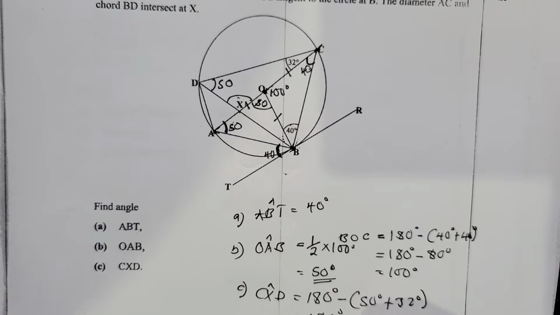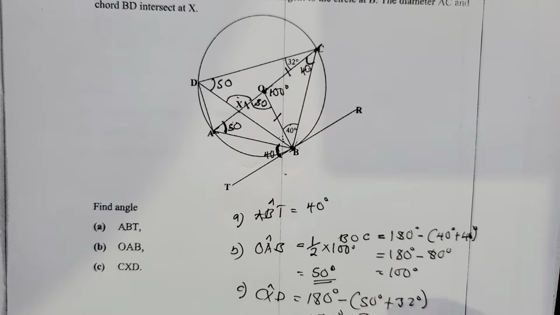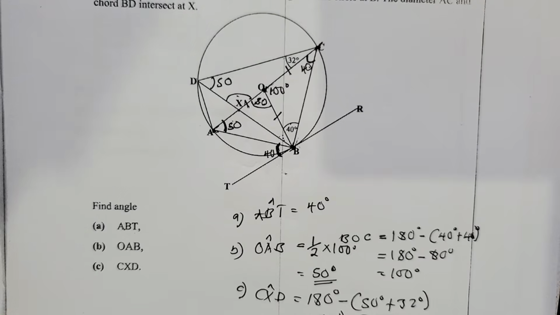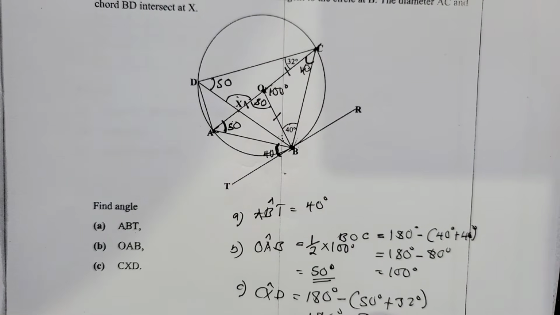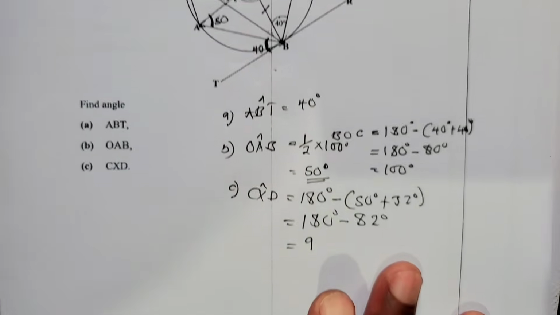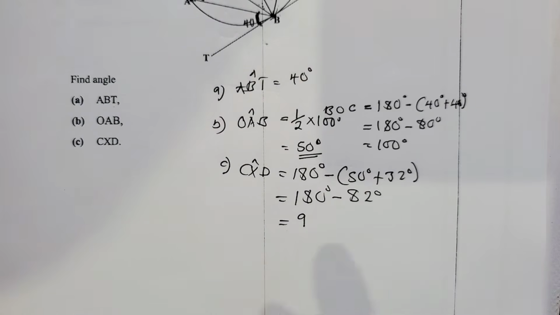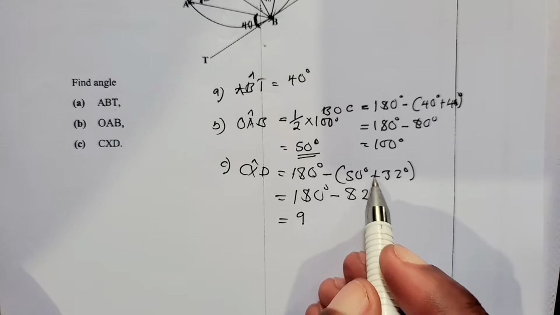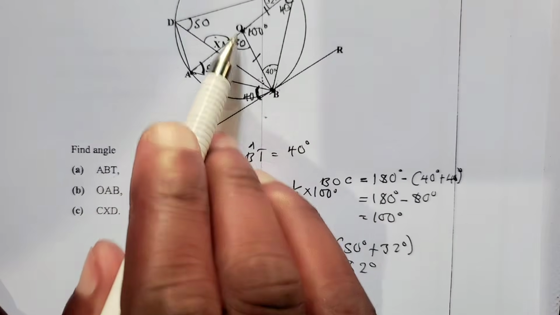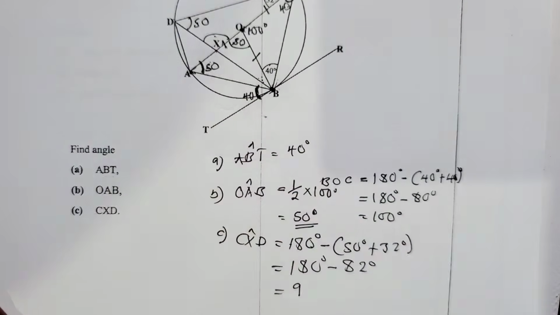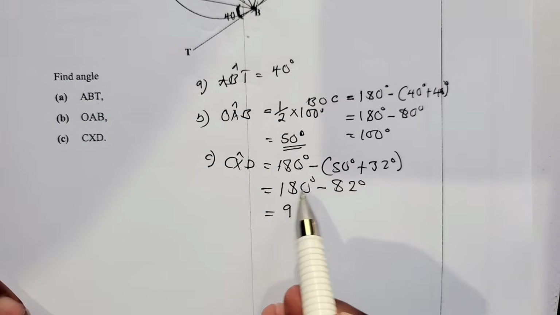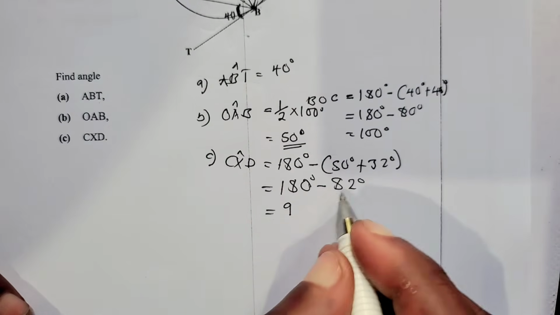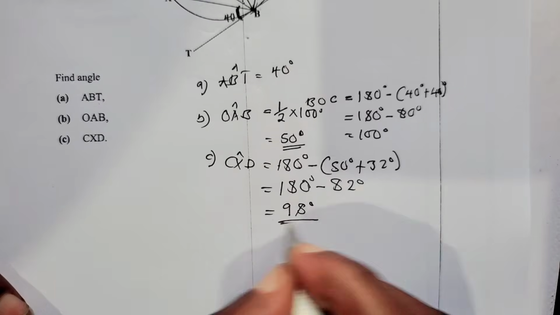We're adding angles in a triangle. So 180 minus the sum of these two, which is 82 degrees. So 180 minus 82 degrees is 98 degrees. So this is the answer.